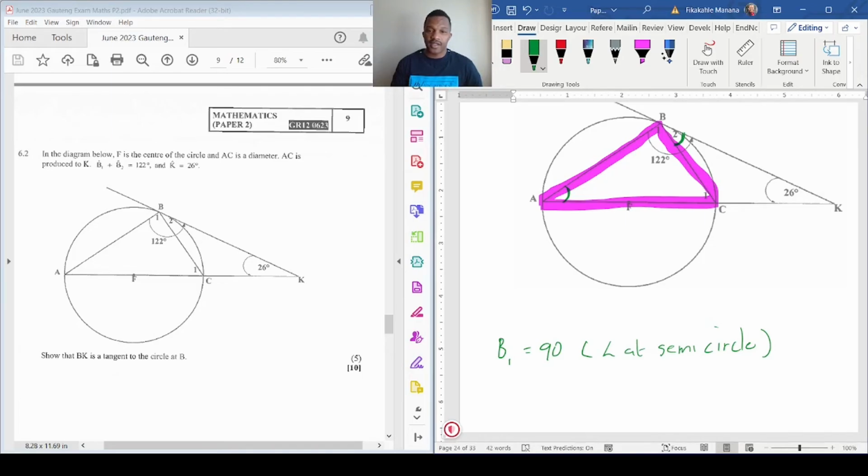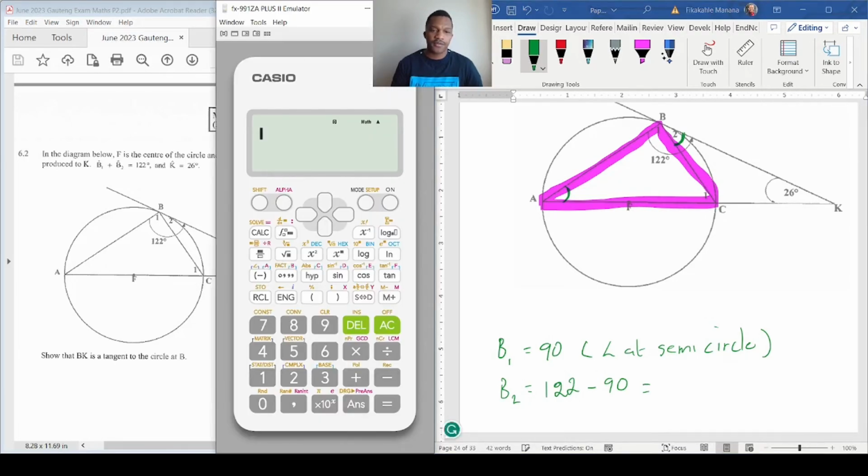Okay, it's 90. Therefore, B2 is equal to that 122 that we are given, minus B1, which is 90. If we put that in a calculator, 122 minus 90, we get 32. Okay, so we know B2 is 32.